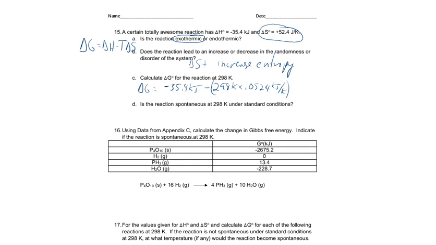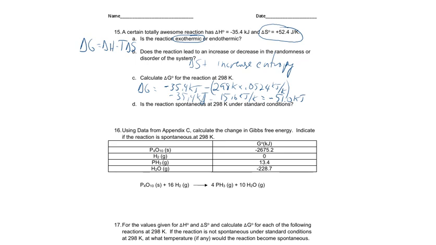All right, and then we get negative 35.4 kilojoules minus 15.6 kilojoules, and that gives me a negative 51.0 kilojoules.